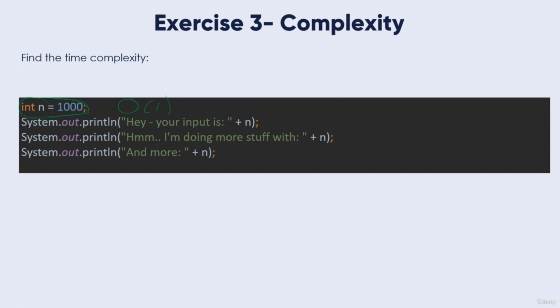If we go to the next line, we are just printing, hey, your input is, and we just need to print the n. So in this line, just printing will result in O of 1 only.